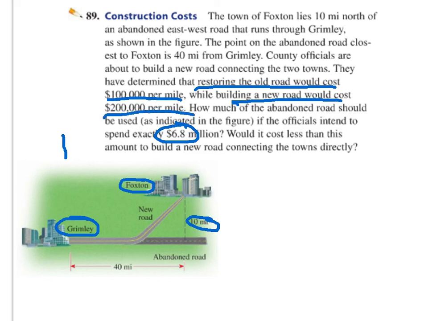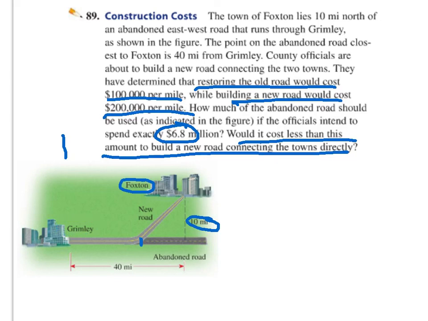Where should we make that turn off of the new road, and what part of the abandoned road should we use? And a related question: would it cost less to build a new road connecting the towns directly? That would just go all the way across. We'll answer that question later.